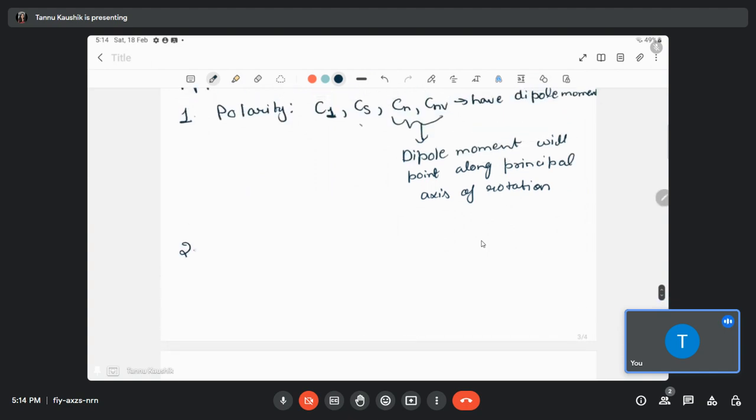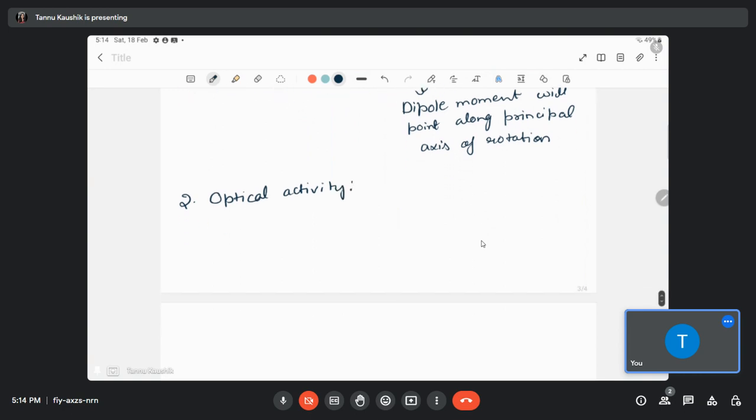And the another application is to find out the optical activity of molecules. So here we have studied when is a molecule symmetric.